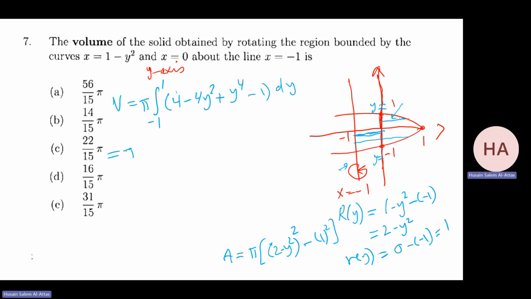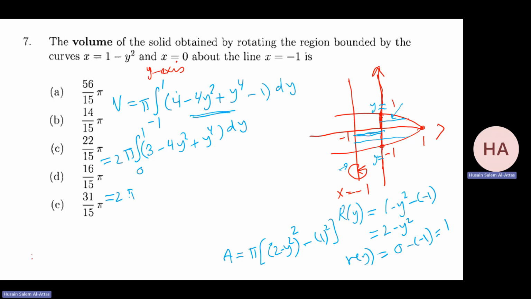Actually, I can make it 0 to 1 times 2, since the function is even. That will make the calculation easier. So I have 3 minus 4y squared plus y to the power 4 dy.